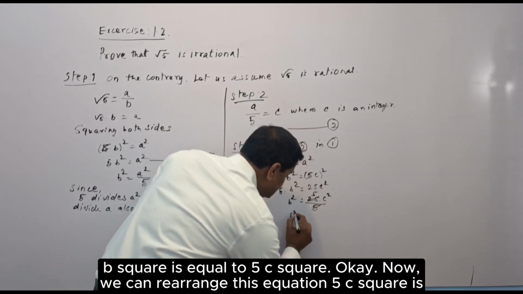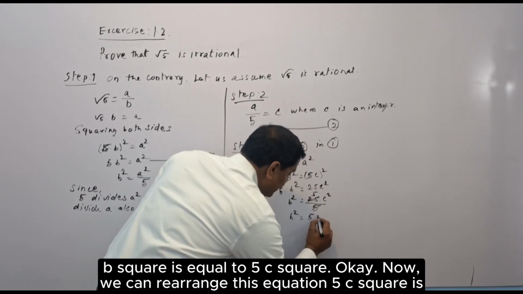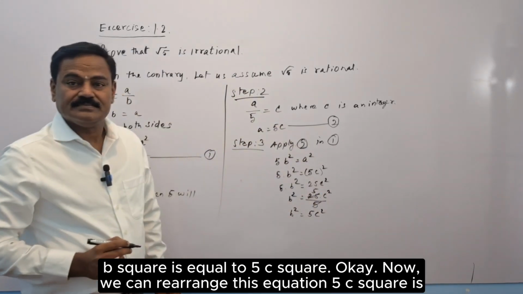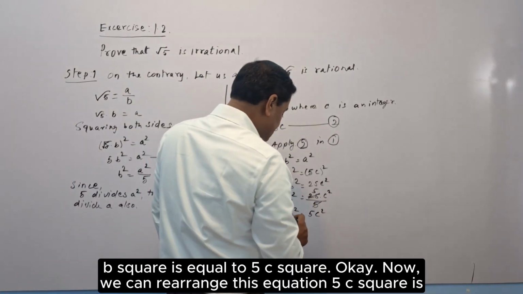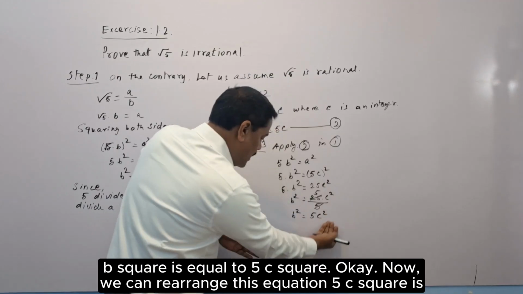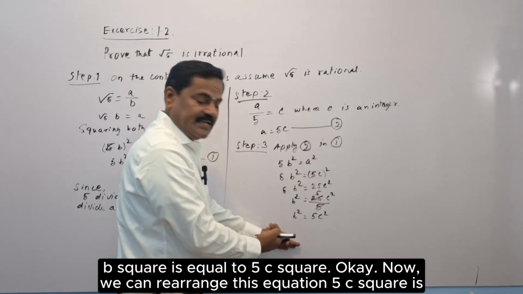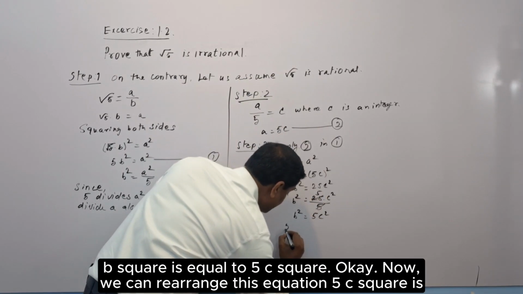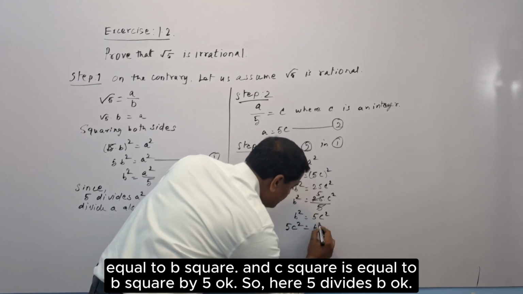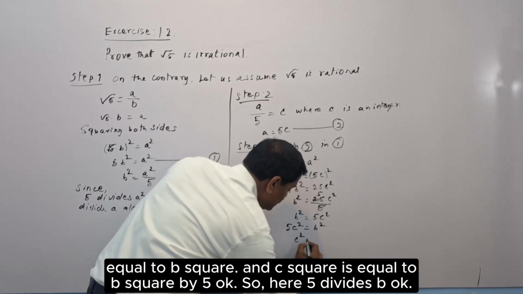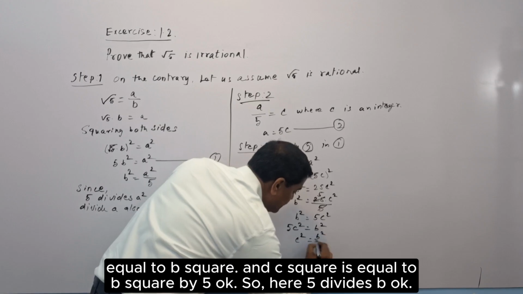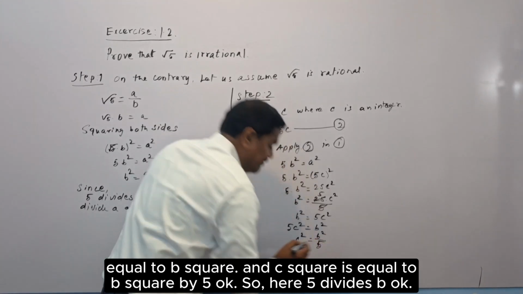So we can write b square is equal to 5c square. Now we can rearrange this equation: 5c square is equal to b square, and c square is equal to b square by 5.